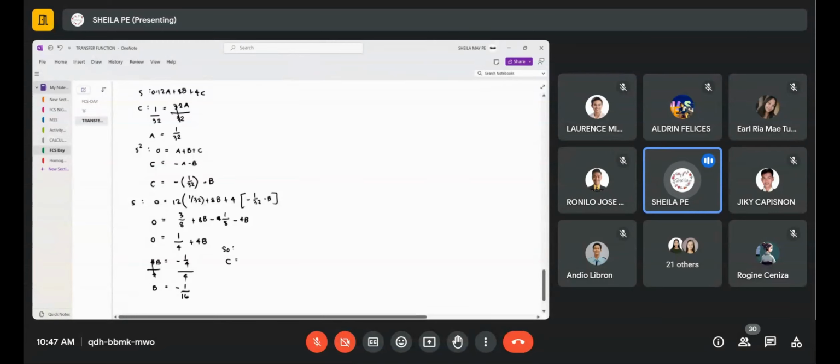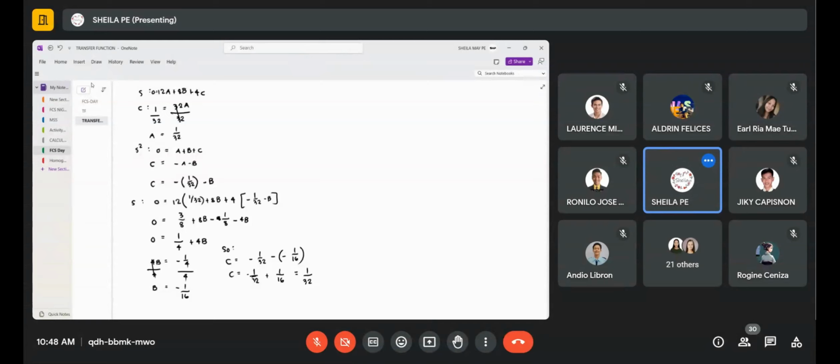So we can have C equal to negative 1 over 32 minus negative 1 over 16. C is negative 1 over 32 plus 1 over 16, which is 1 over 32. Okay.